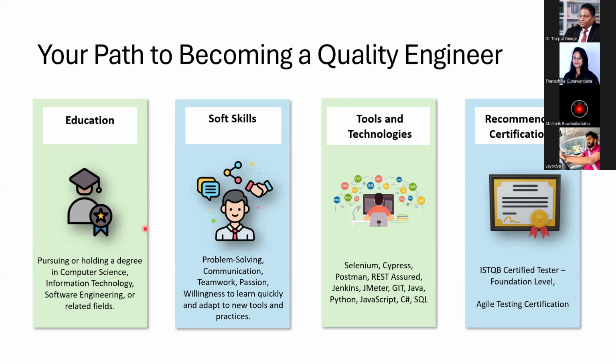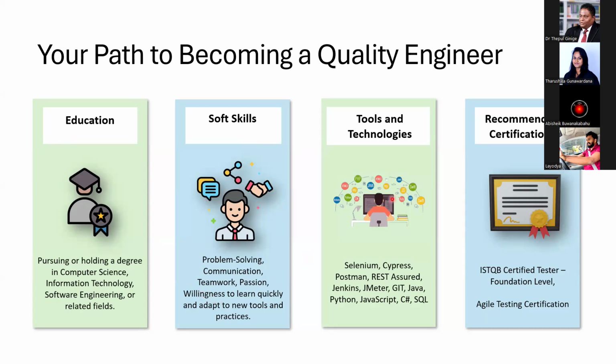And then when it comes to soft skills, this is very important, right? You have to have good problem solving skills and communication. You have to be a team player and passionate. You have to show that even though you don't know, you are willing to learn and do, and you can adapt to things very quickly. You have to show those skills in an interview, and also when you are doing your day-to-day work as well, right?